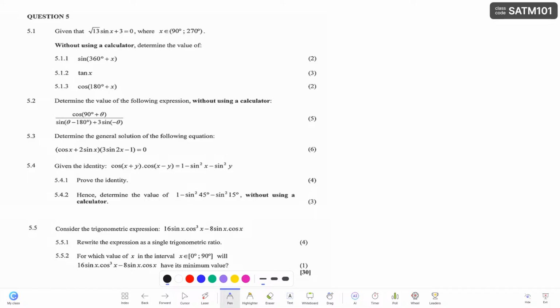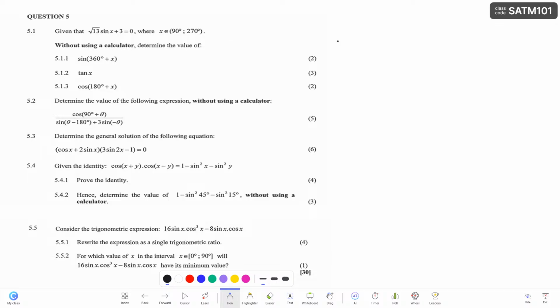Okay, the next question is trigonometry. First question, they said given that square root of 13 sin x plus 3 is equal to 0, where x is an element of 90 degrees to 270 degrees, without using a calculator, determine the value of sine of (360 plus x). In order to determine this, first of all, we need to draw a graph.